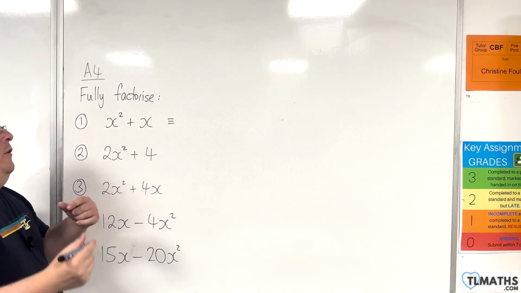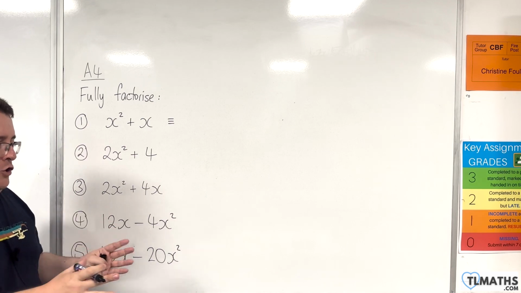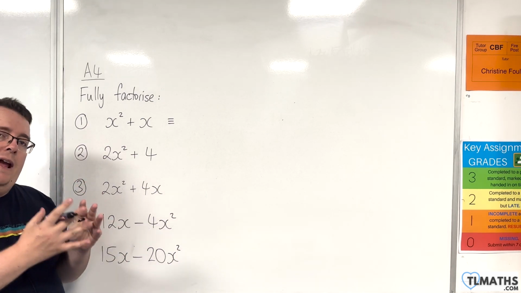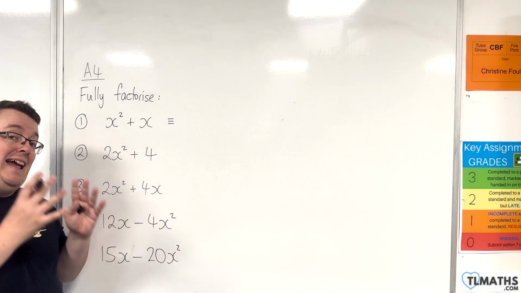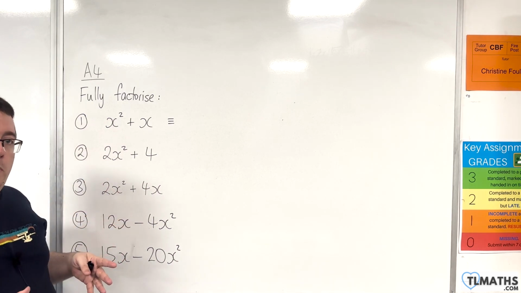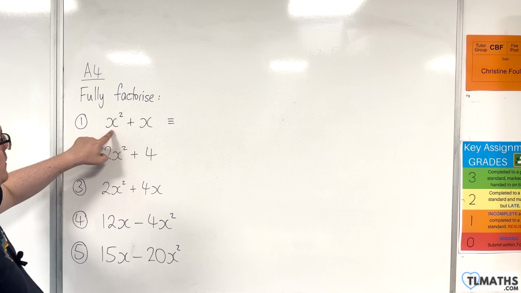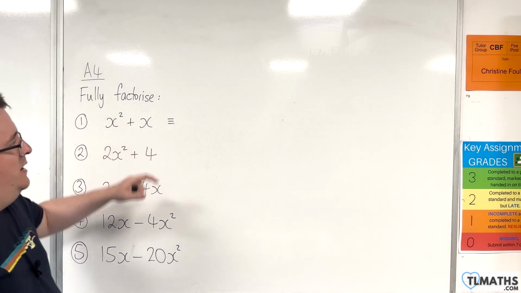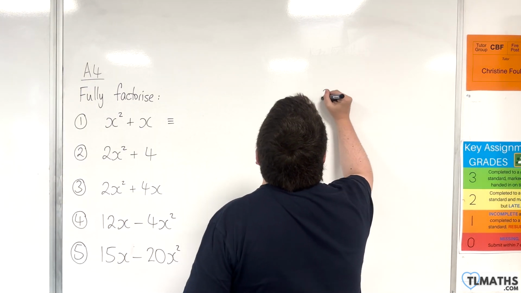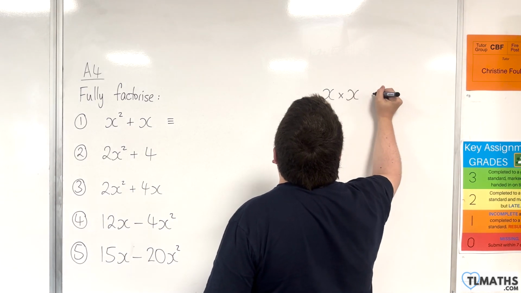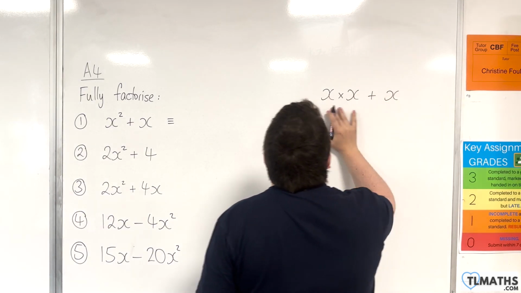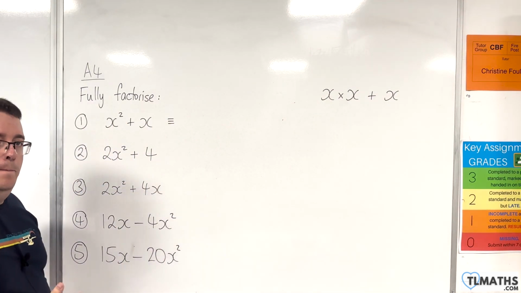Okay, so once you've exhausted looking at the coefficients, you then look at the two terms and see if there's any algebra that is similar to both. Okay, so x squared and x. Now remember that x squared is x times x. So what we have here is x times x plus x.